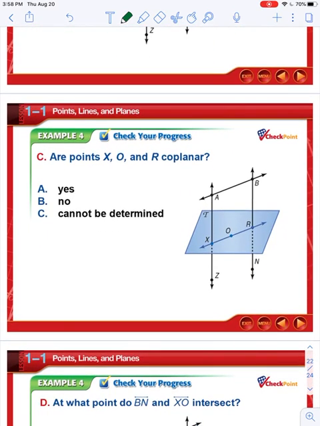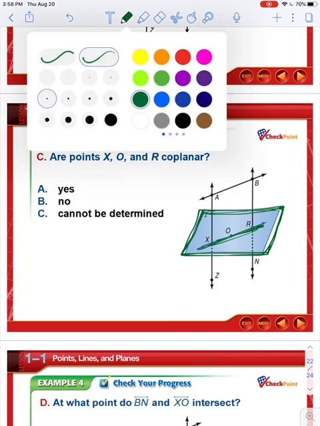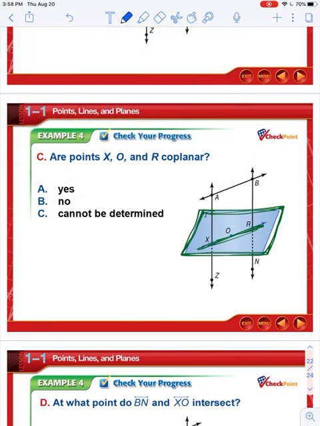AXB are coplanar, they are on plane T, but we can't use those to name plane T because they are collinear. They're also collinear in plane AXB, but we couldn't use those points to name AXB as well.